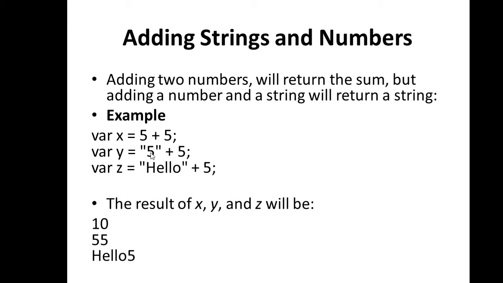If this is a string, it will just concatenate or join the two, so the result will be 55. Here, again, we have a string plus 5. If you have a string added to a number, the result will be treated as a string. So it will become hello5.